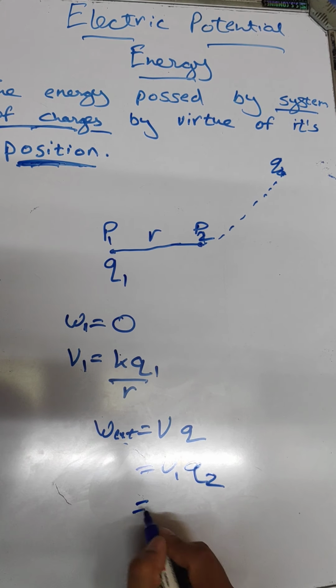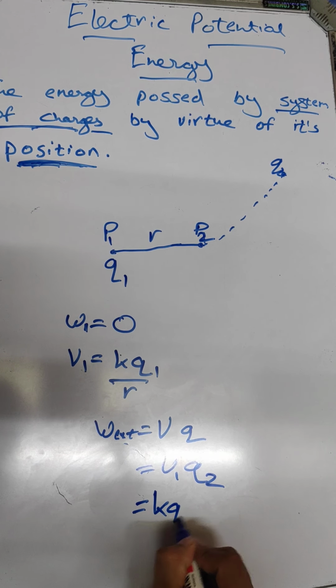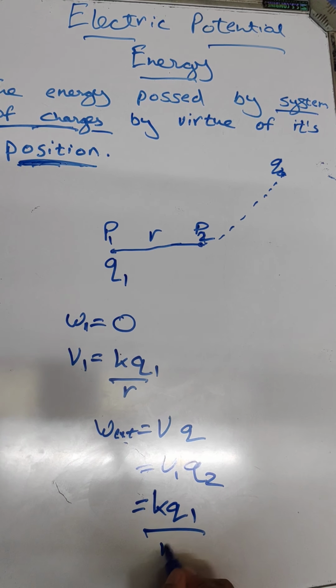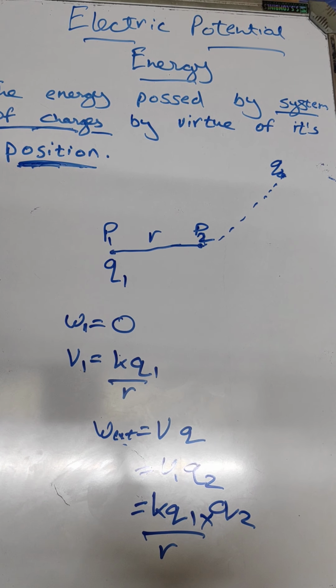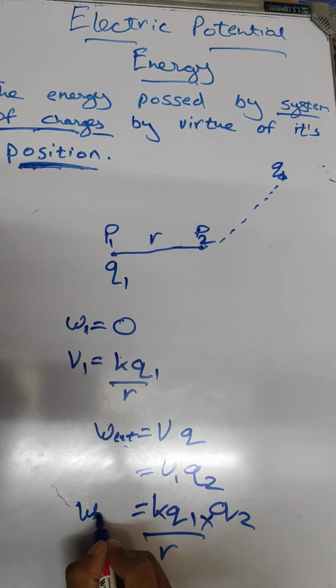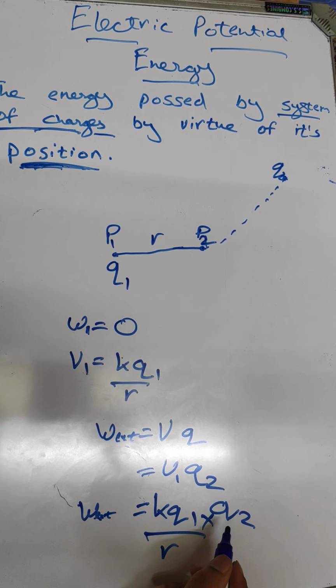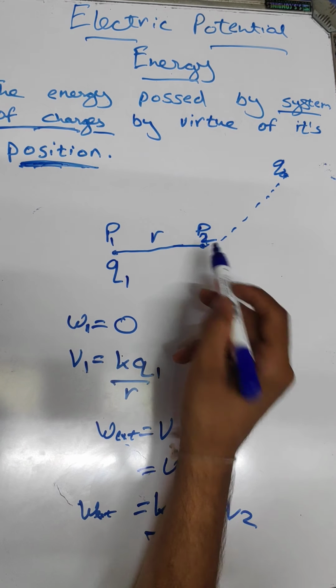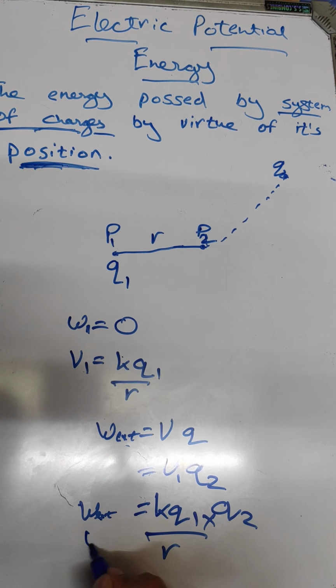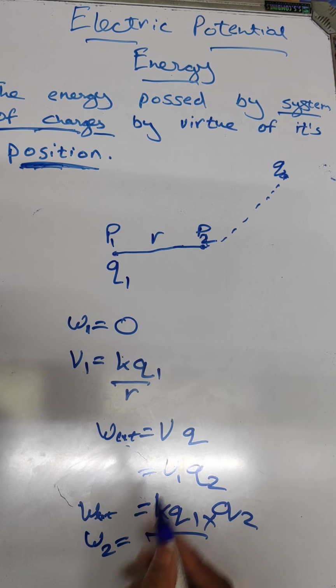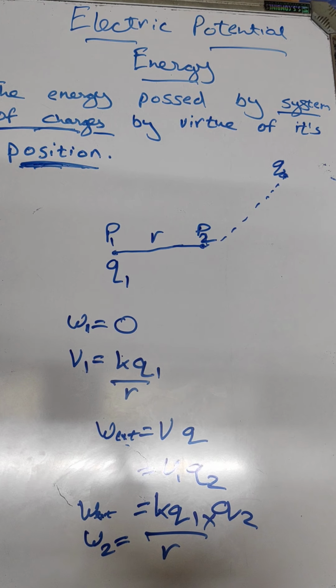V1 is KQ1 upon r, and this will be multiplied by Q2. So the work done by the external agent in bringing the charge Q2 from infinity to point P2 will be equal to KQ1Q2 by r. We can write this as W2, that is the work done for bringing charge 2.